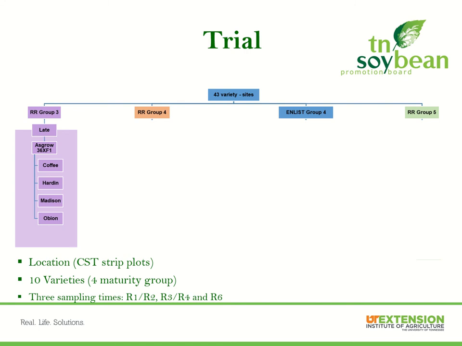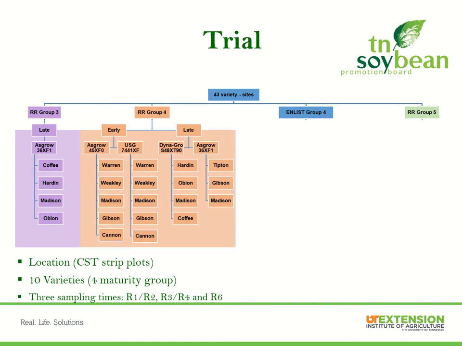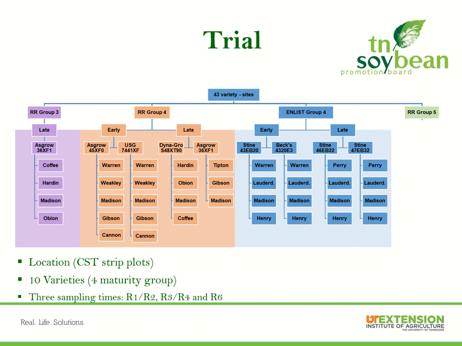We looked at Roundup Ready late group 3s, Roundup Ready early and late group 4s, and Enlist early and late group 4s, as well as Roundup Ready early group 5s. The agents assisted us in collecting tissue samples at 3 different sampling times: between R1 and R2, between R3 and R4, and then at the R6 growth stage.